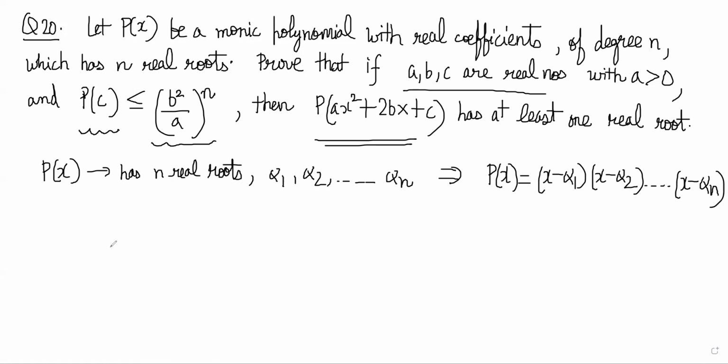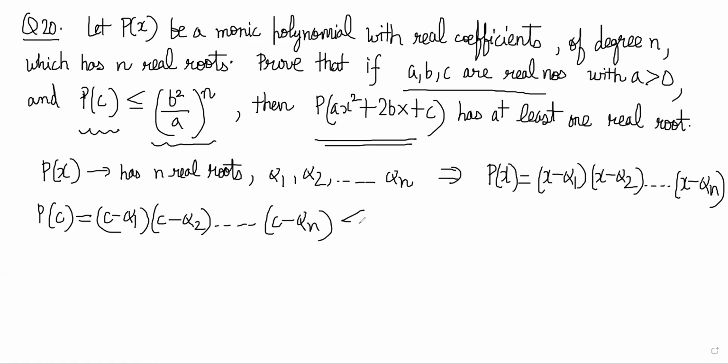Right? Therefore, now p of c, if you think about it, is equal to c minus alpha 1, c minus alpha 2 till c minus alpha n. And it has been given that that is less than equal to b square by a to the power n. Right? Okay, so p of c is equal to this. What is p of ax square plus 2bx plus c?